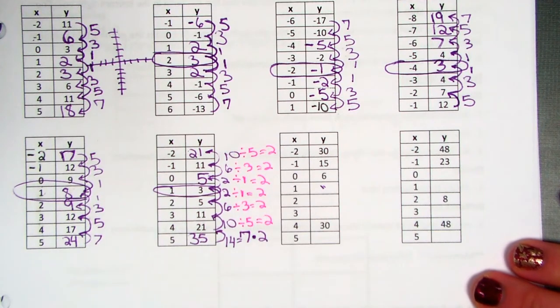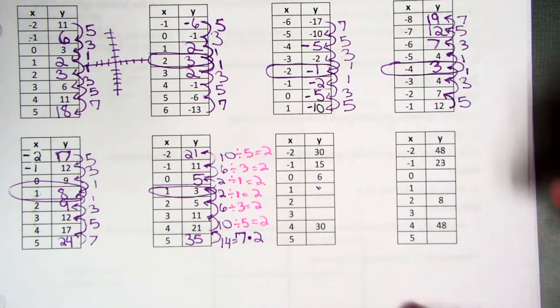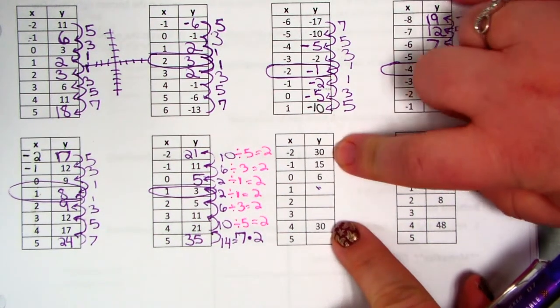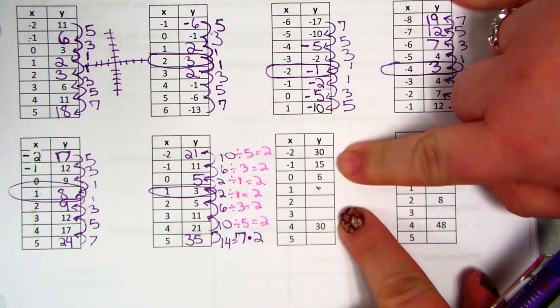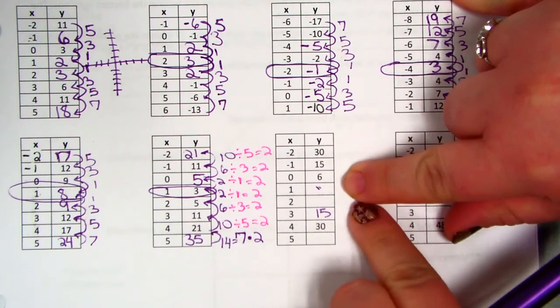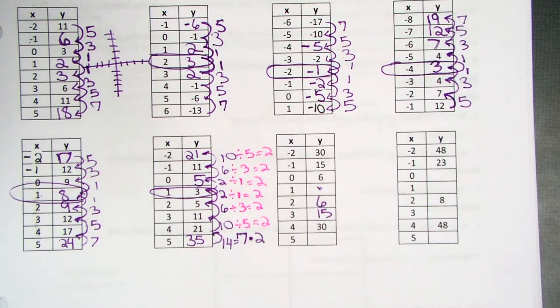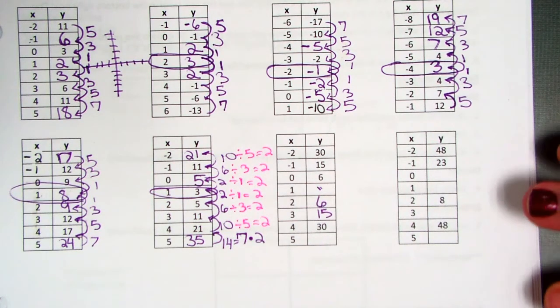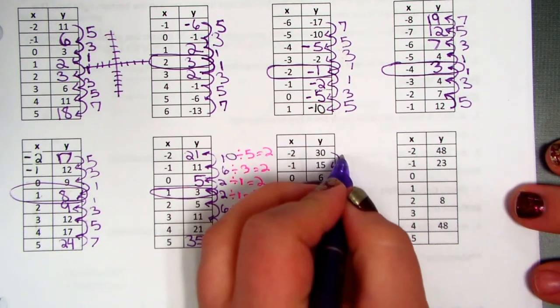For the next one, here's my completed symmetric part of the table. So moving inward 1 gives me 15. Moving in 1 more gives me 6. The distance between 30 and 15 is 15. The distance between 15 and 6 is 9.